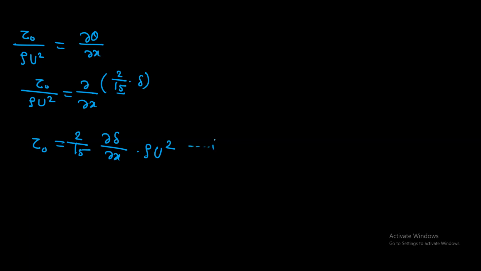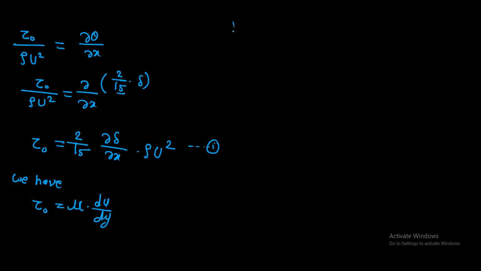So consider this equation 1. Now for tau 0, we have another equation. This tau 0 is equal to, as per Newton's law of viscosity, mu into du by dy. Okay.